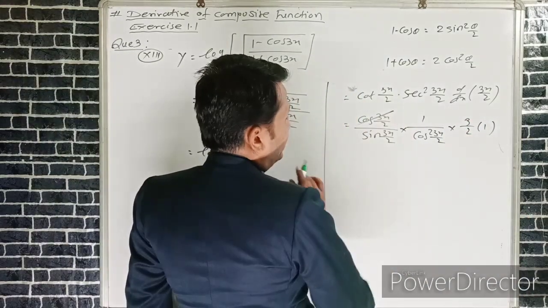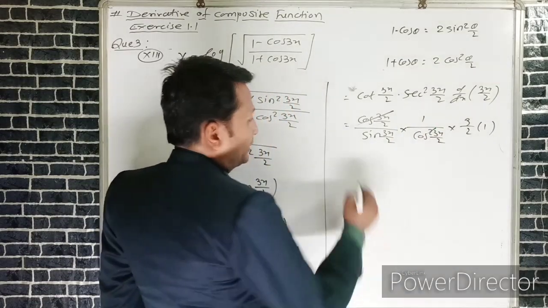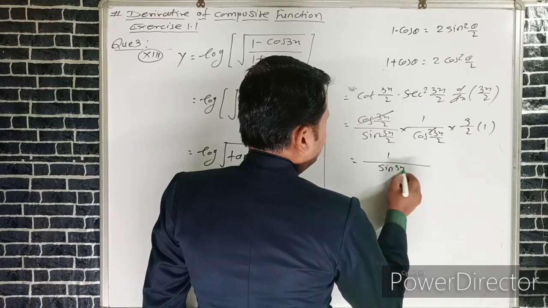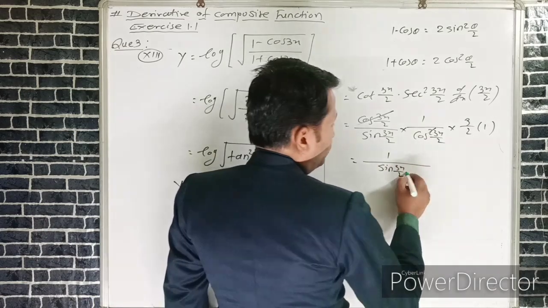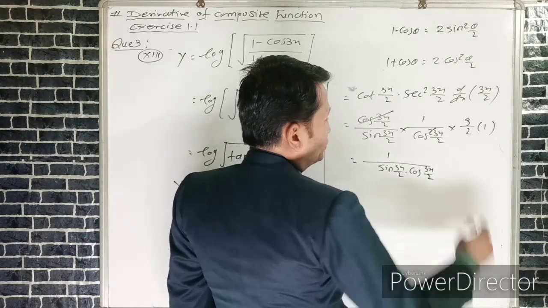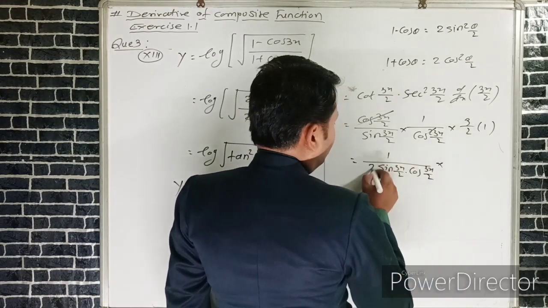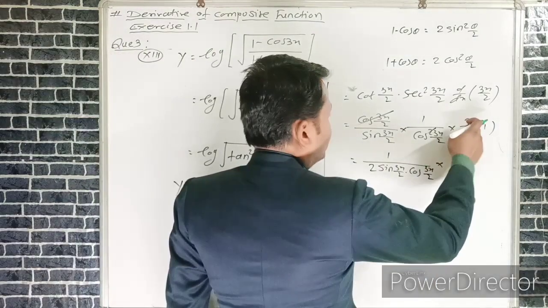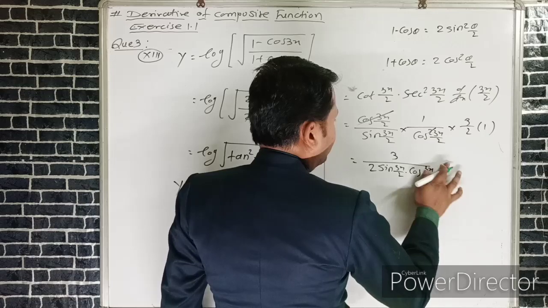Here cos of 3x by 2 and cos square are cancelled. We can write it 1 upon sin of 3x by 2 into cos of 3x by 2. These two we can write before the whole function, and after that 3 into 1 is 3.